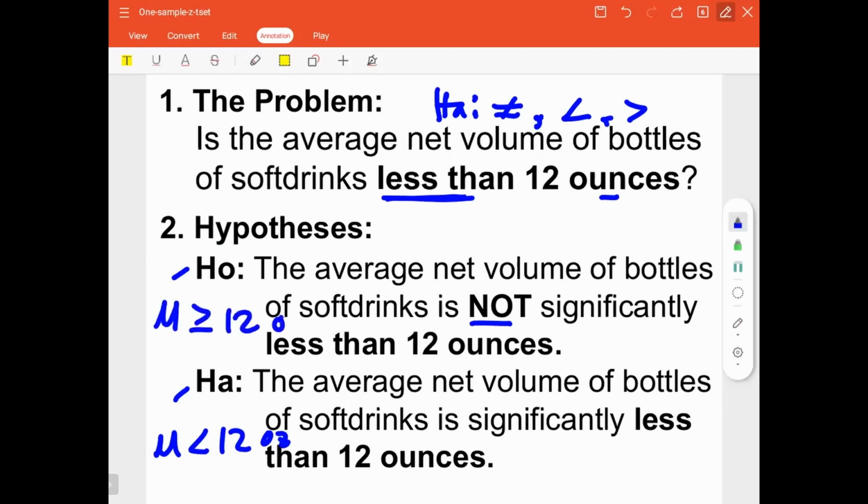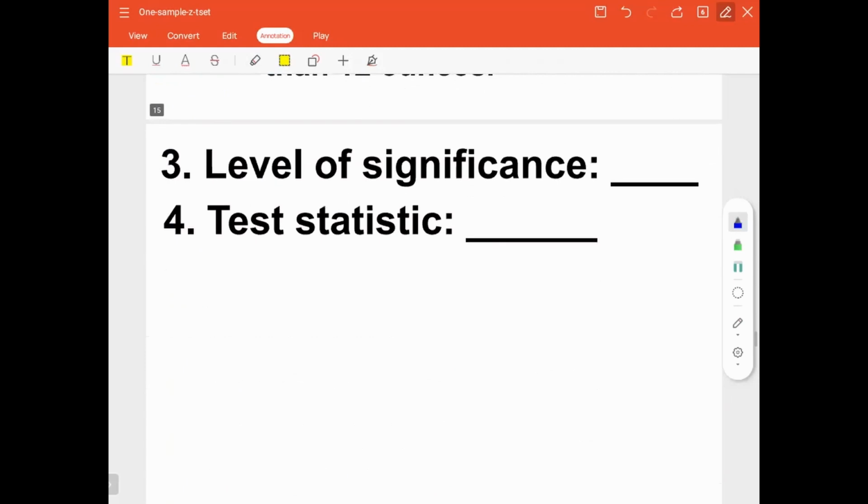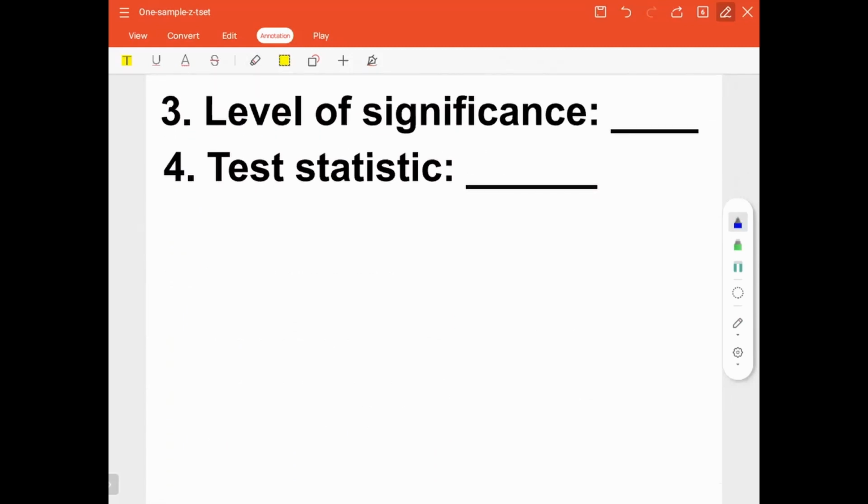Now for the succeeding steps, again the level of significance is 0.10. So this is our alpha. And of course the test statistic is the z-test, once again, because we are given the population standard deviation.